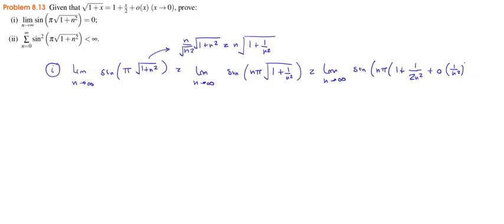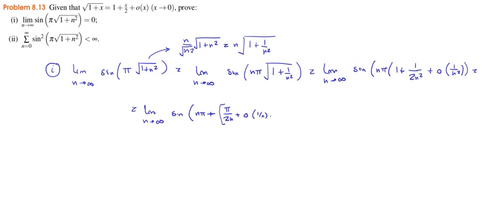And that's it, right? Now what you get is the limit when n goes to infinity of the sine of n pi plus pi over 2n plus small o of 1 over n, right?